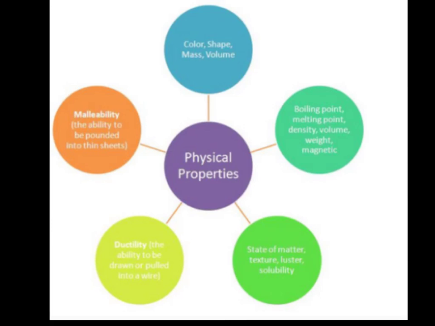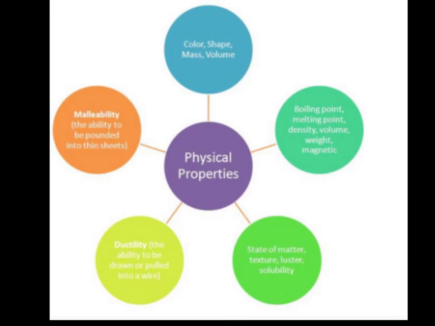And here in this little graphic, I've given you some examples of physical properties like color, shape, mass, and volume, or the boiling point, melting point, density, weight, magnetic properties, the state of matter, whether it's a solid, liquid, or gas, or texture, is it rough or smooth, luster, how shiny it is, ductility.